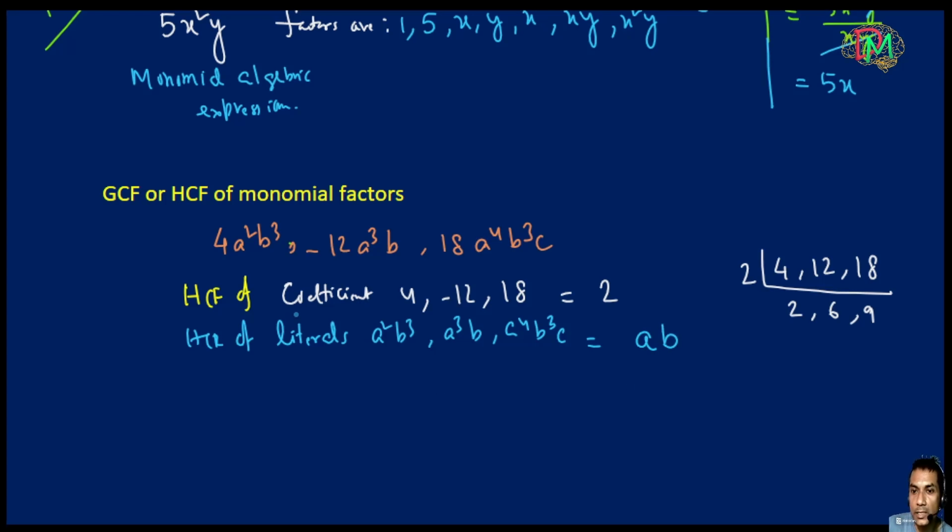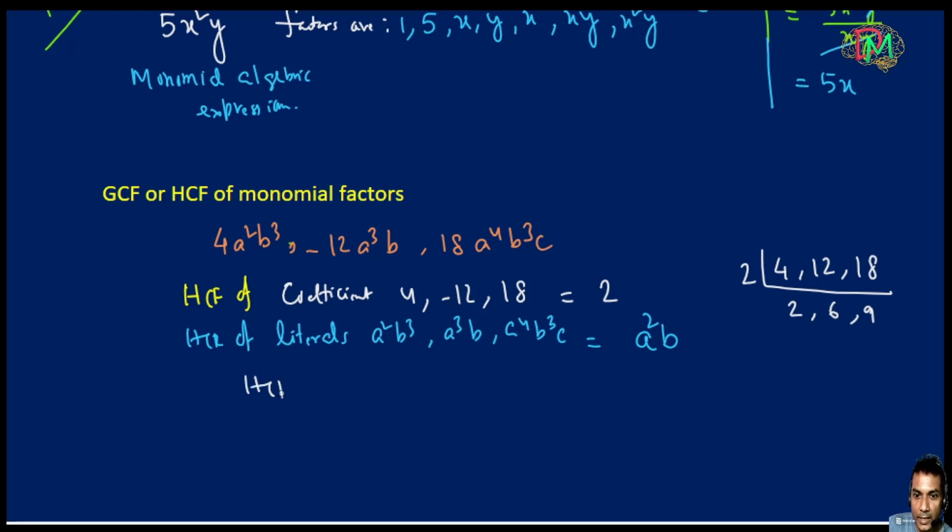Next we consider the lowest power of each variable. Here it is a square, a cube and a to the power 4. What is the lowest power? That is 2, so we write 2 here. What is the lowest power of b? Here it is b cube, b, and b cube. So the lowest power is b. Now we multiply these, and we get the HCF.